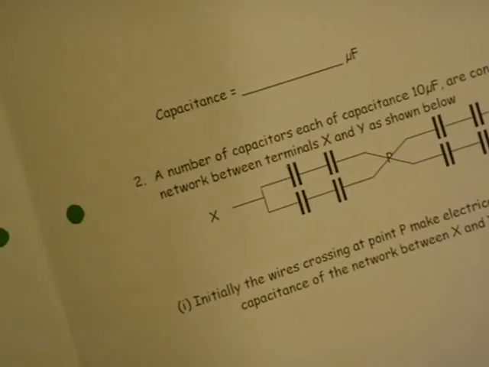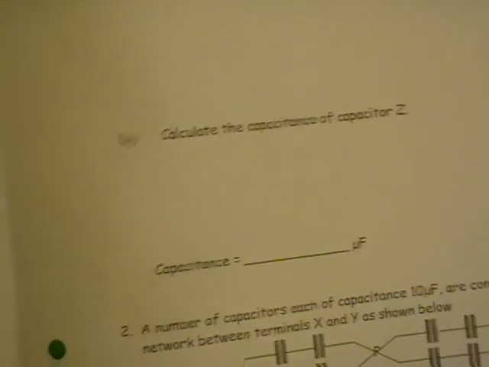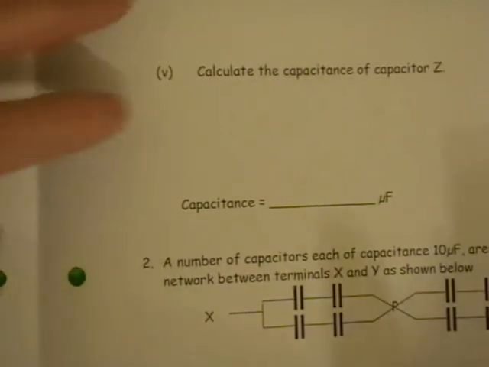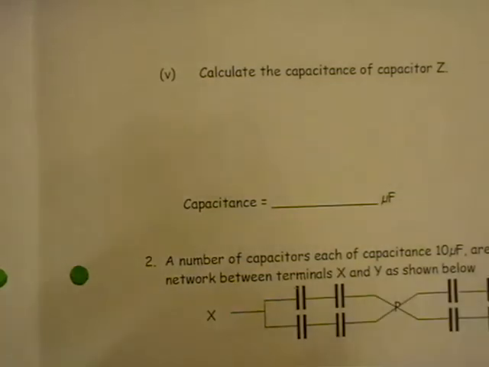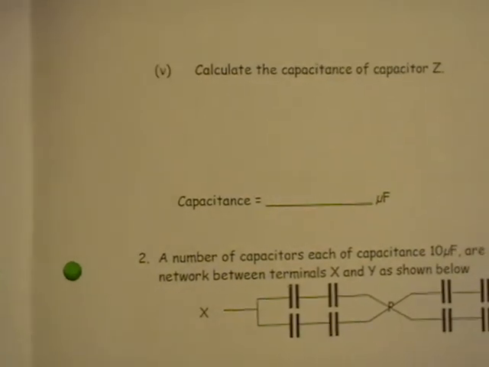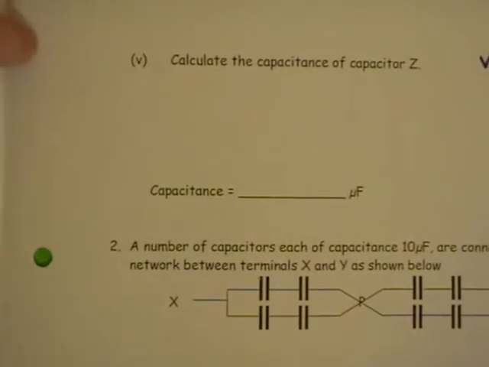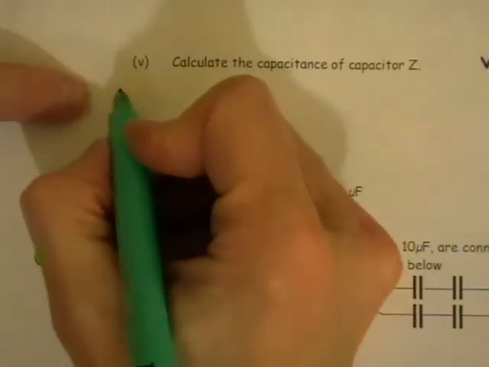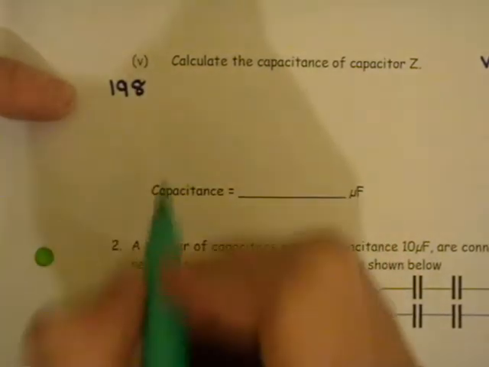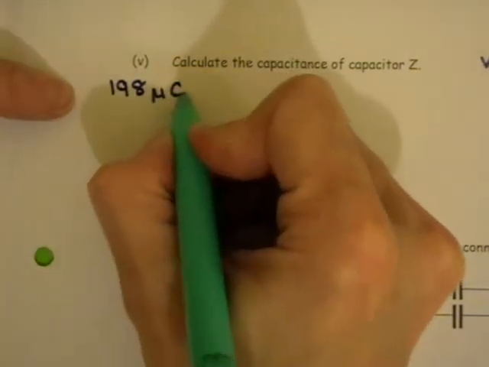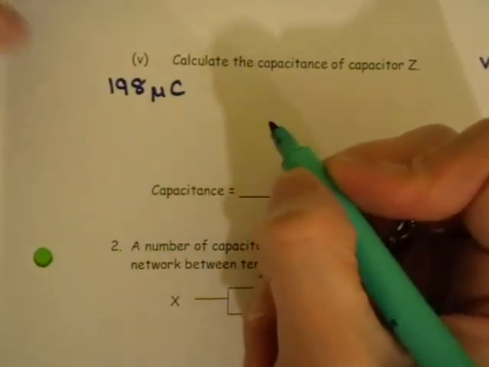It then says calculate the capacitance of capacitor Z. Now, you do know its voltage. The voltage across it is 2.9 volts. You know that the 22 microfarad capacitor shared its charge, and we now know what its charge was. Initially, the charge on the 22 microfarad capacitor was 198 microcoulombs, and that was the answer to the first part.